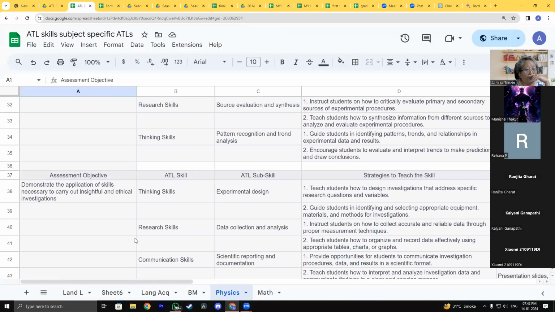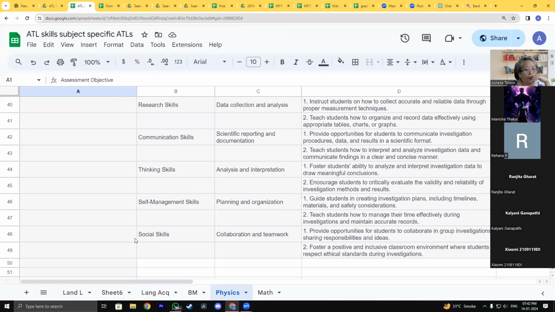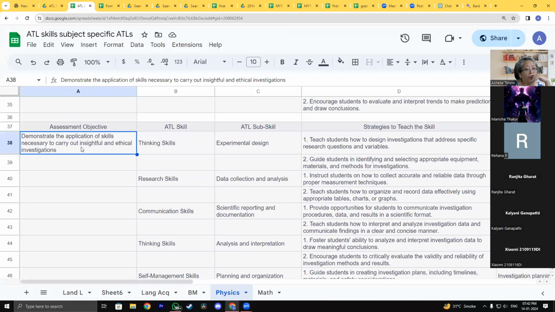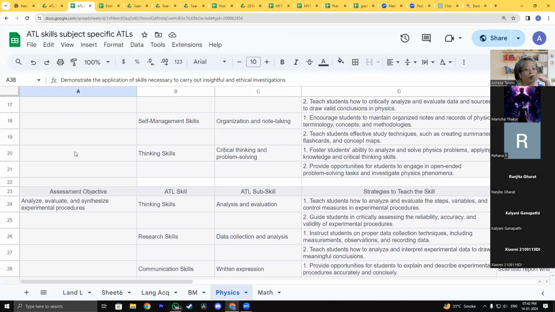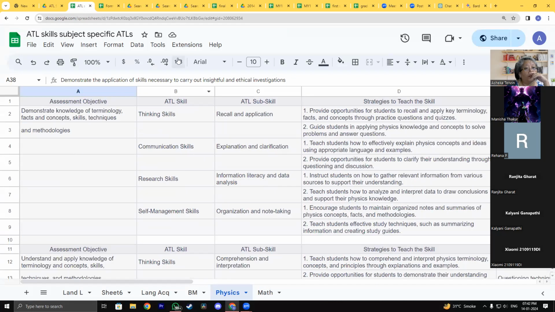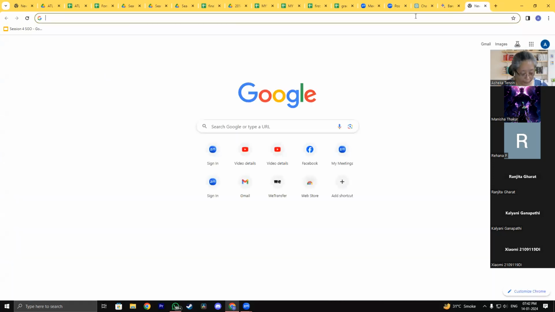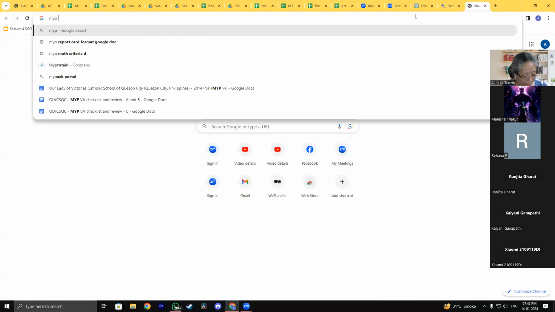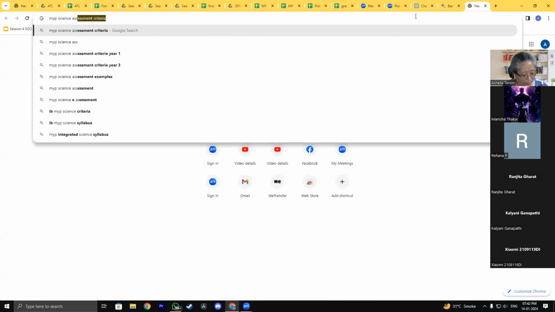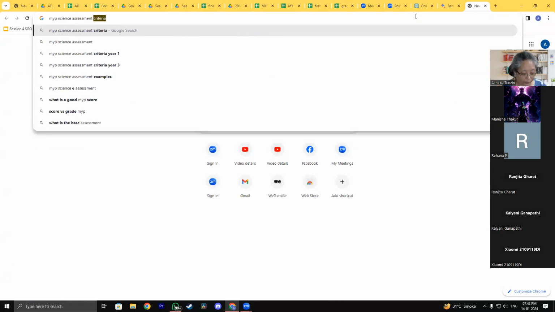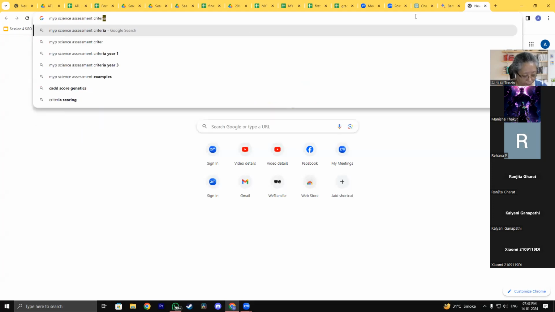What I had done is I had written the assessment objective. So what is the assessment objective of MYP 1, MYP Science? I'll teach you how to do it. Assessment criteria.